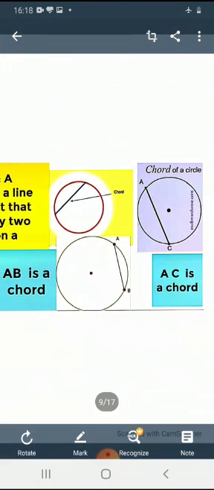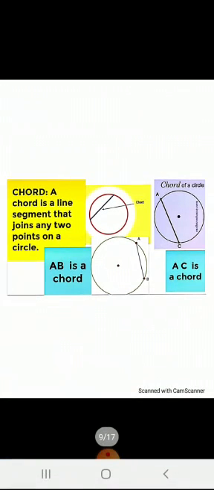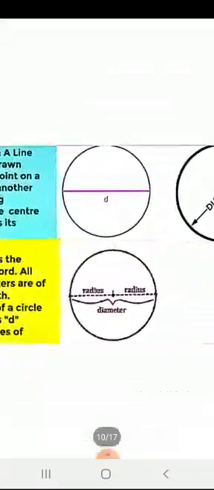The other name for this chord is diameter: if a line segment passes through the center to any part of a circle, we say it is a diameter. For a chord, it does not need to pass through the center; it can be from any part of the circle. For the diameter, it should pass through the center.